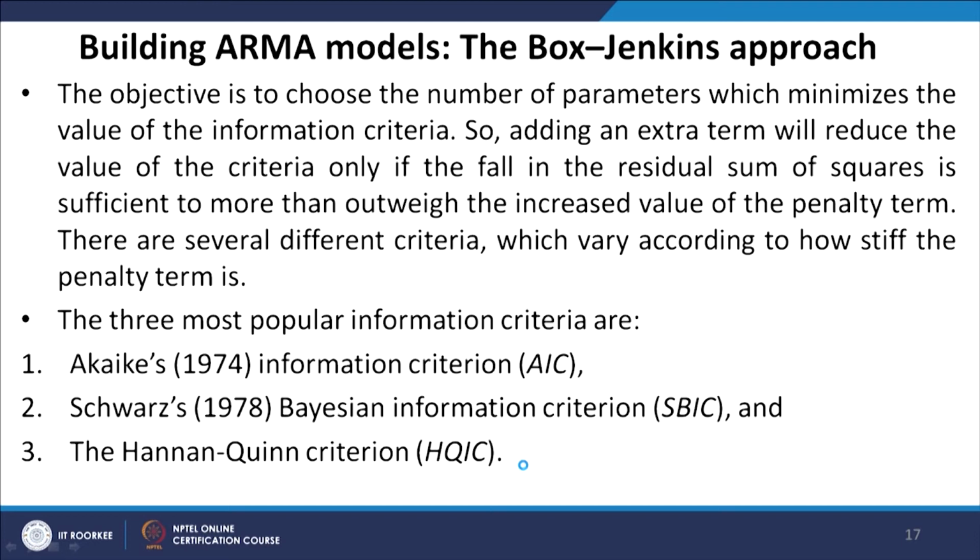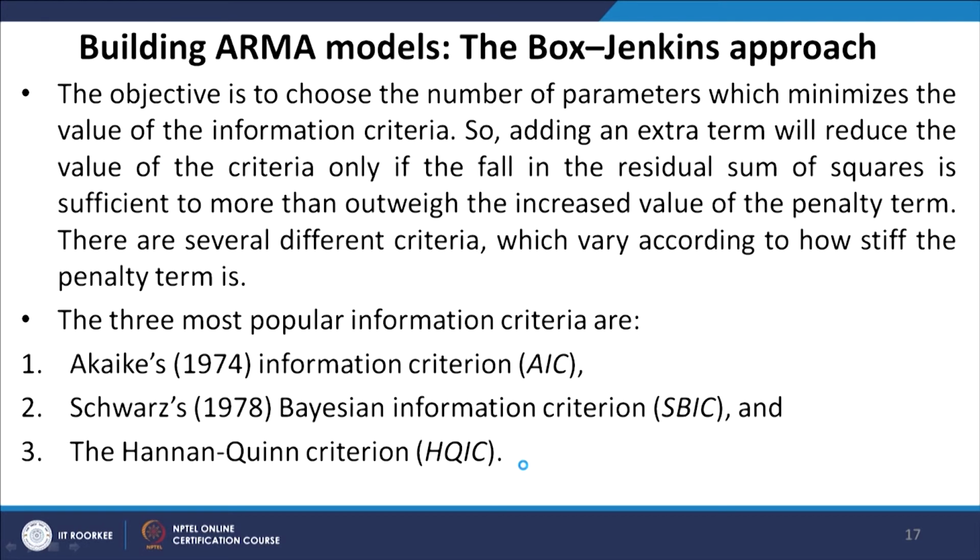Adding an extra term will reduce the value of the criteria only if the fall in the residual sum of squares is sufficient to more than outweigh the increased value of the penalty term. So, if the increase in penalty is offset by the decrease in the RSS, then the overall value of the criteria will decline, and we will try to choose the criteria with the minimum value.